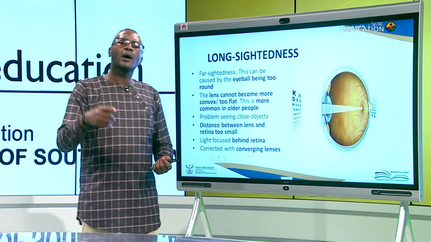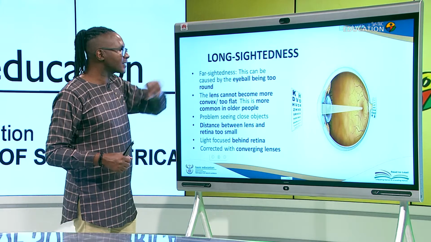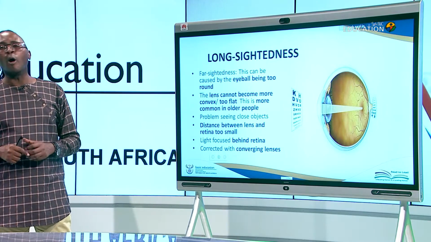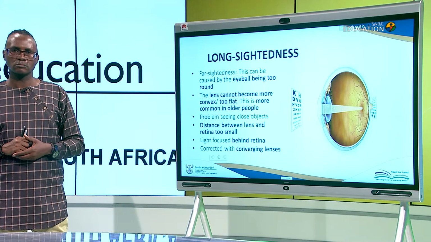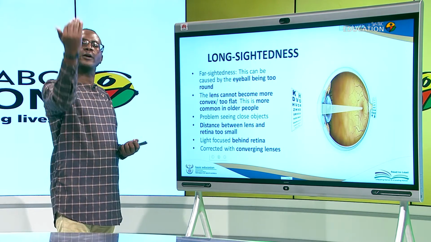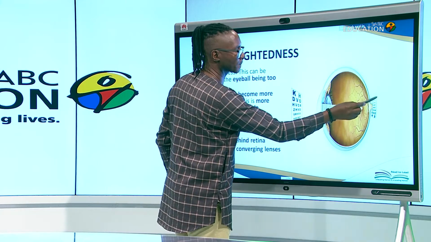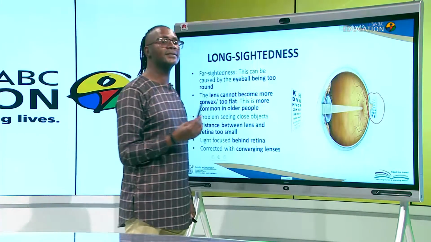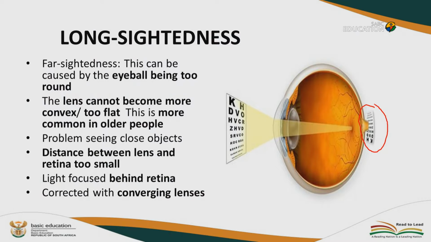Remember when you spoke about short-sightedness, we said the eyeball is long. So in this case, because we're looking at long-sightedness, the eyeball is too round. So images are falling behind. And the intention was that the image should fall on the retina, but now it's falling behind because the lens cannot be more convex. And this is more common in older people like myself.